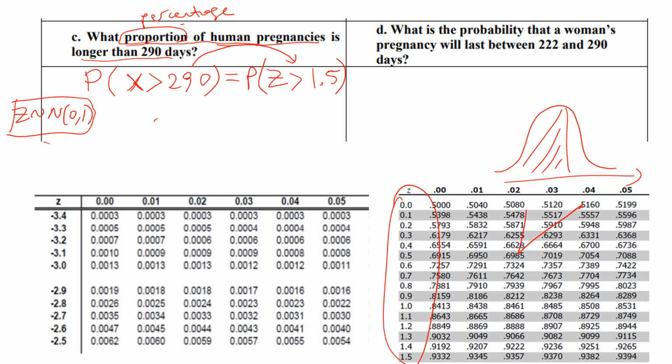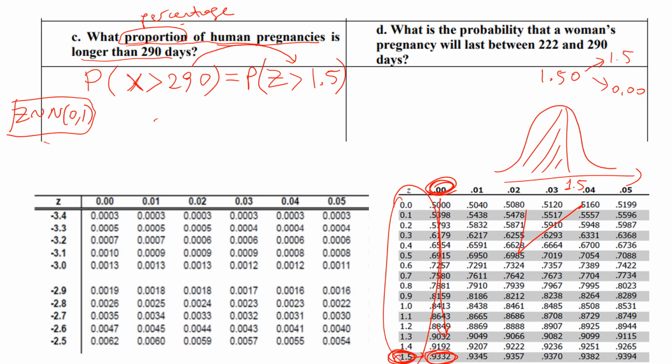If you look at 1.5 here, you find 1.500. I want to remind you, 1.50 you can write as two parts, 1.5 and 0.00, and it corresponds to 0.9332.